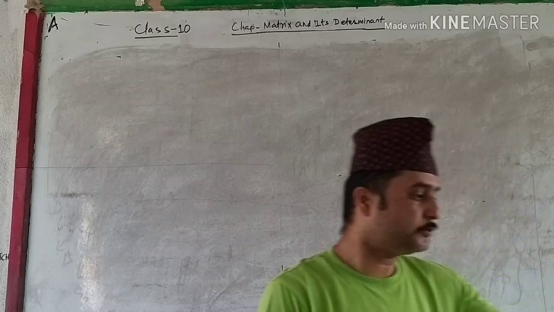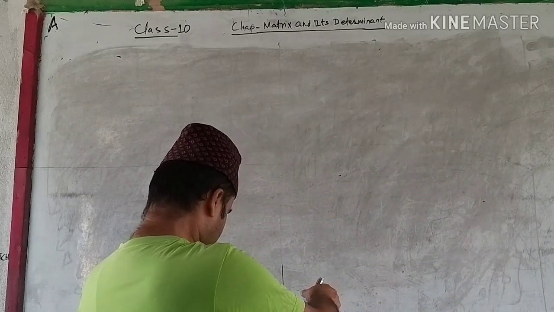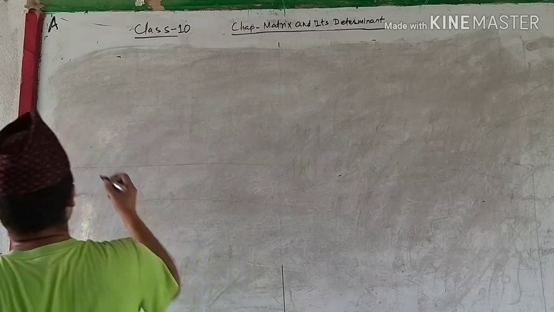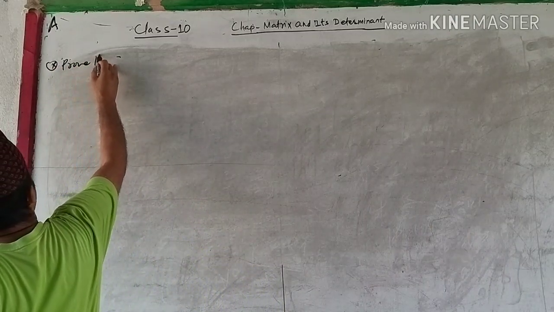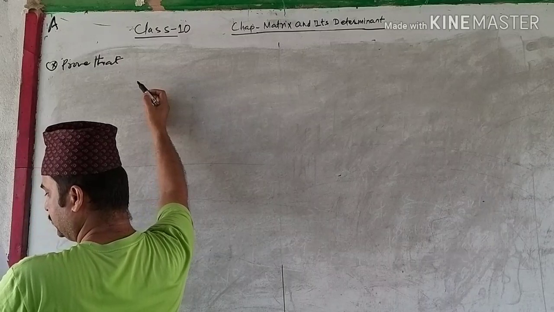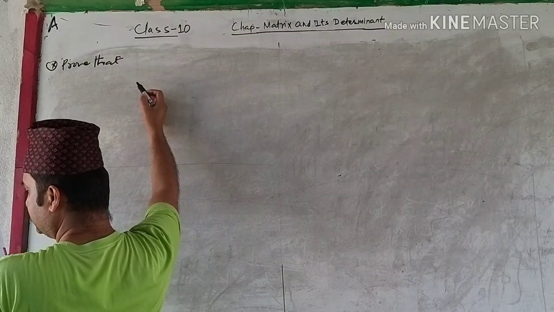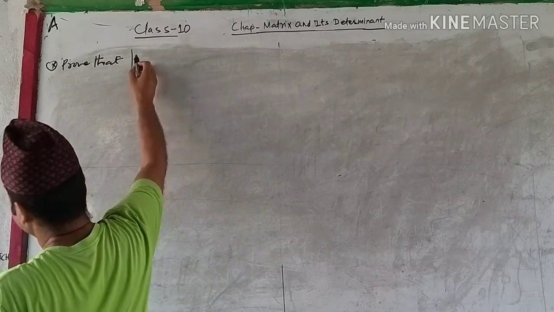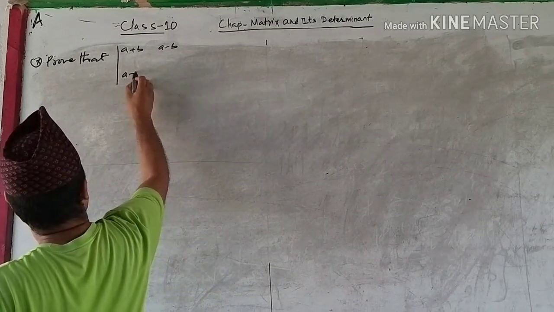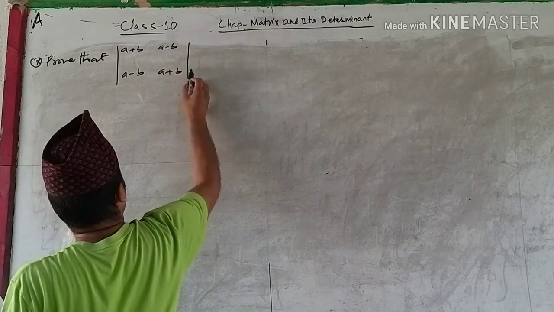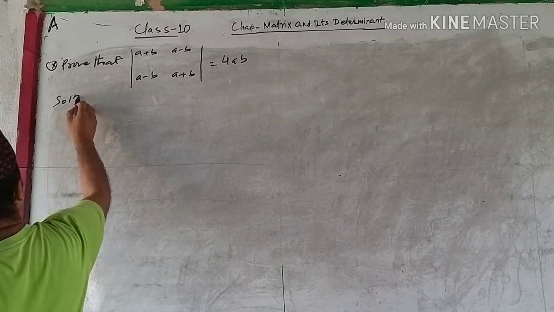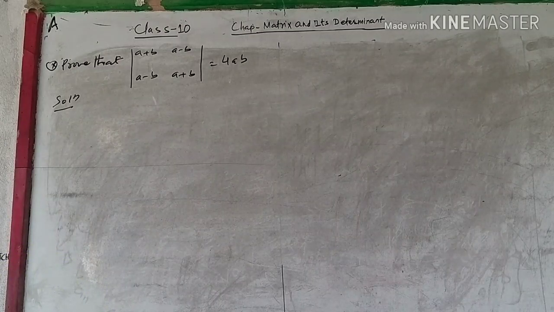Okay, let's do some problems. Prove that the determinant with rows a plus b, a minus b and a minus b, a plus b equals 4ab.